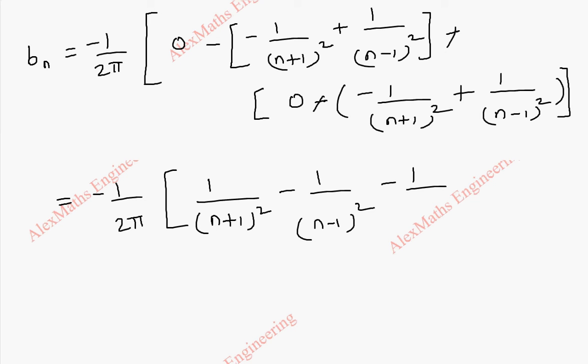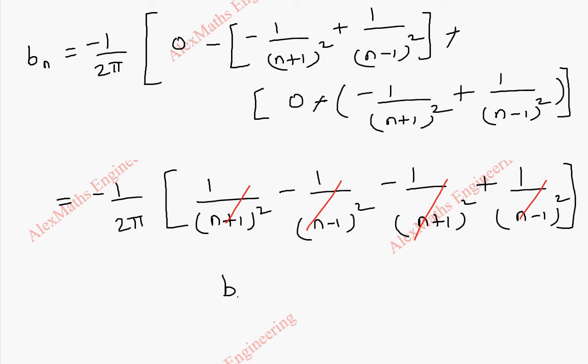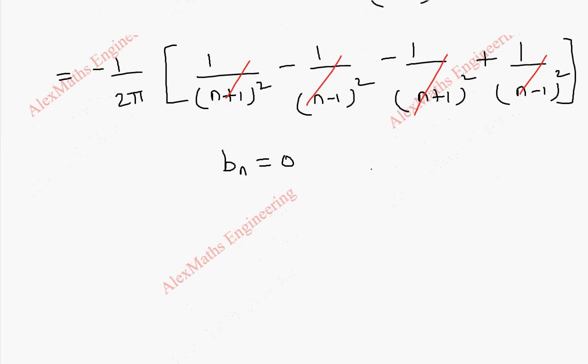So we have minus 1 by (n plus 1) whole square plus 1 by (n minus 1) whole square. So we see here, this positive and negative term gets cancelled. Again, this positive and negative term gets cancelled. Totally, bn is 0. But since we found a1 separately, we have to find b1 also separately using this integration.